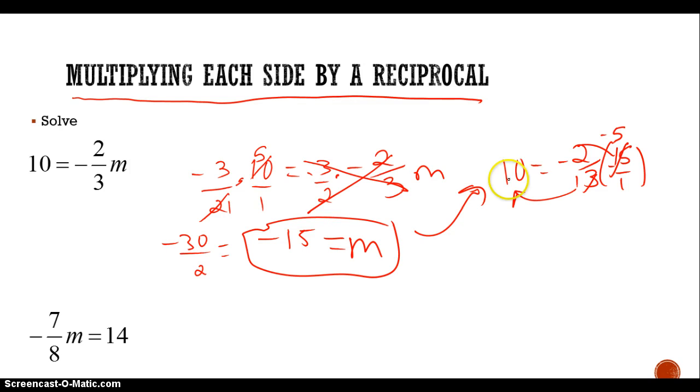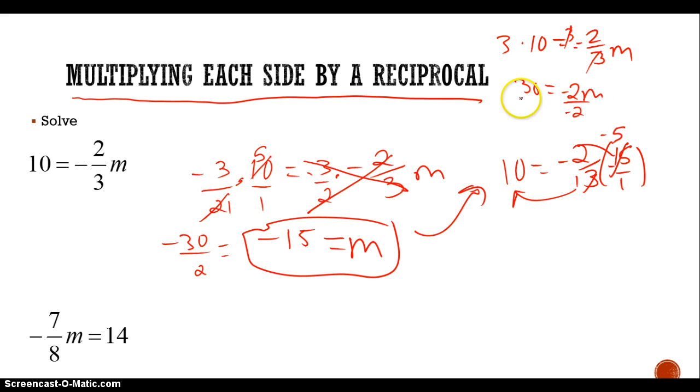For example, okay, let's say you wanted to multiply. This is a two-step process. You have a fraction in front of the m. So we usually want to use the reciprocal to get rid of it. You could multiply each side by 3, so these two cancel each other out. So you got 30 equals negative 2m.